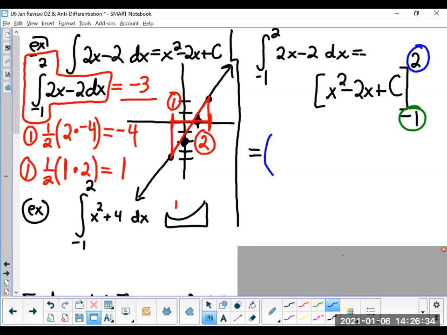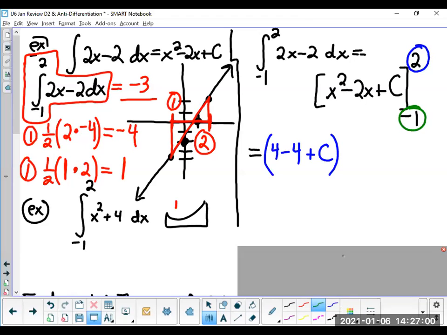So evaluating an antiderivative of 2x minus 2 at 2 gives 2 squared, which is 4. 2 times 2 is 4, so that's 4 minus 4 plus c. Right, check my arithmetic. 2 squared is 4, 2 times 2 is 4, 4 minus 4 plus c, okay?